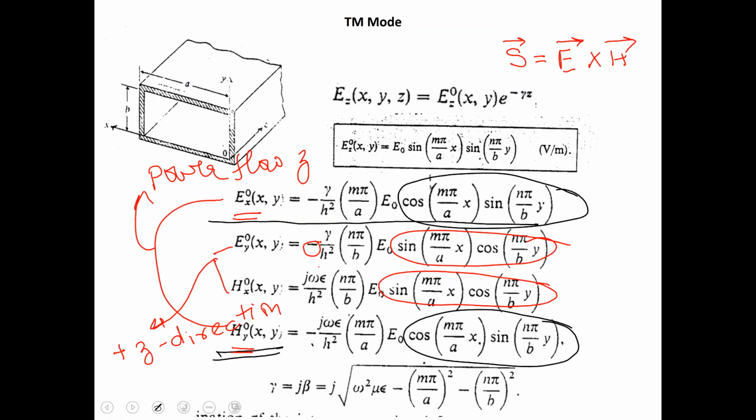Because we had an electric field in the Z direction, Ez, and that electric field was parallel to the bottom and the top conductor, and parallel to the side conductors. And parallel electric field boundary is very, very clear. It has to be 0. There cannot be any ifs or buts about it on a conductor.